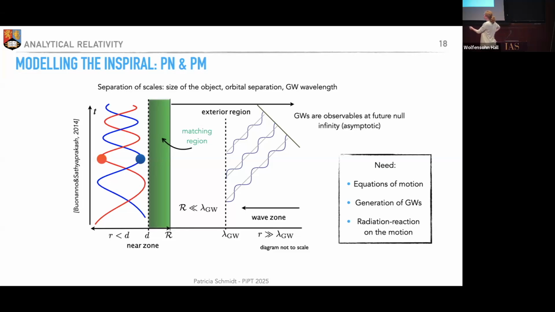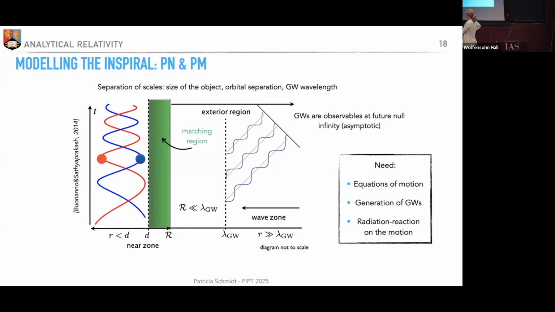And then there are these intermediate regions here. There's this region where we are somewhere between this slightly extended near zone, but still smaller than the wavelength of the gravitational wave, slightly extending also into the wave zone, and that's what people often call the exterior region. And then there's this green region here.